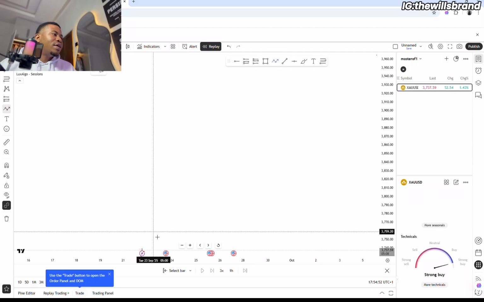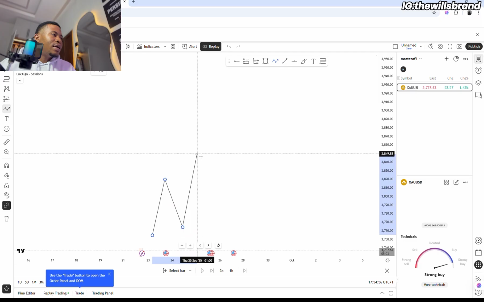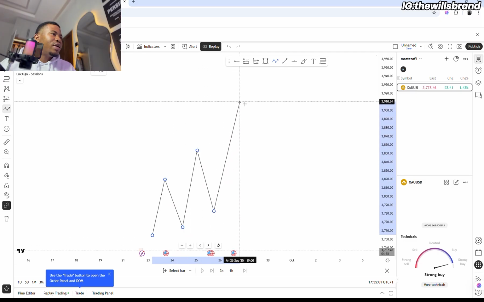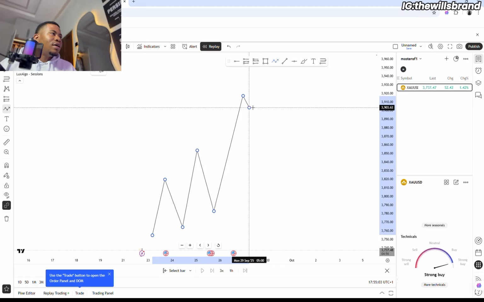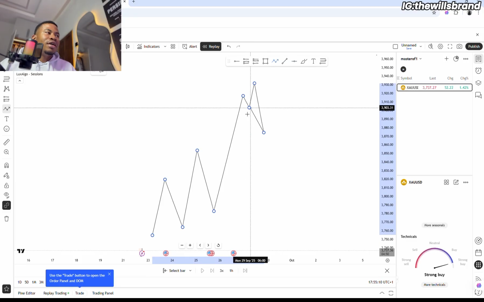Let's say market price is in an uptrend. You can see we make a low, then a high, then a higher low, just something like this. Then finally we make a high. Then you see the market change character. Most times people would think that this change of character is the market changing overall trend.